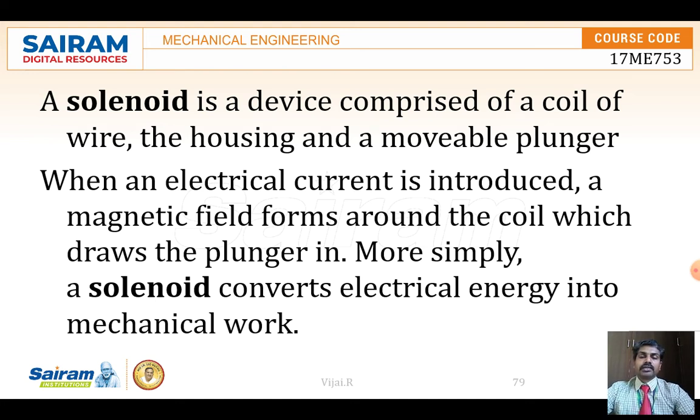A magnetic field is produced, and the magnetic field may pull or push the plunger inside. This is how the function of a solenoid takes place. When electrical supply is given, the magnetic field is produced so that the plunger moves in. That is, electrical energy is converted into mechanical energy over here.